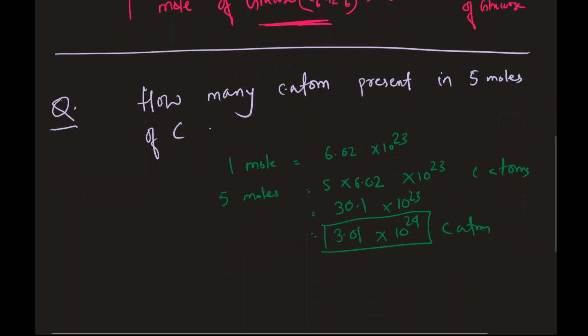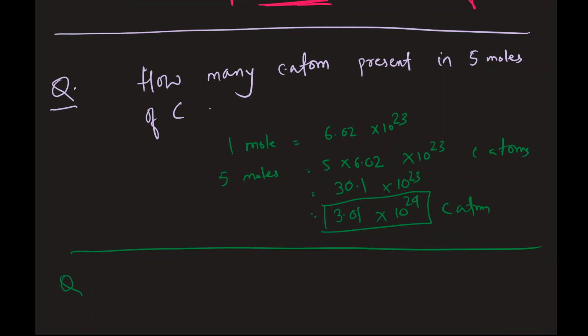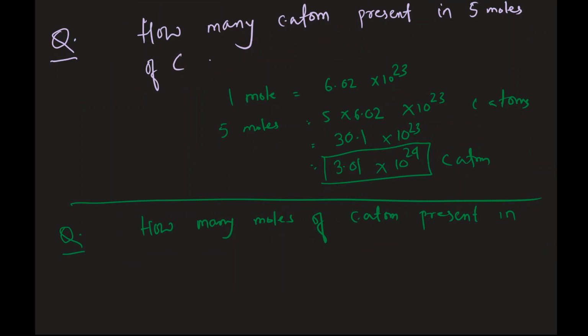Let's do another problem. This time I'm gonna make it a little bit more complicated. My question for you is, how many moles of carbon atoms are present in 10 moles of glucose?